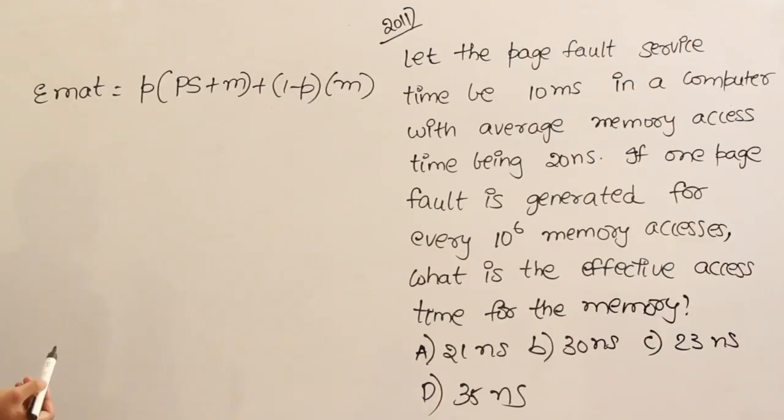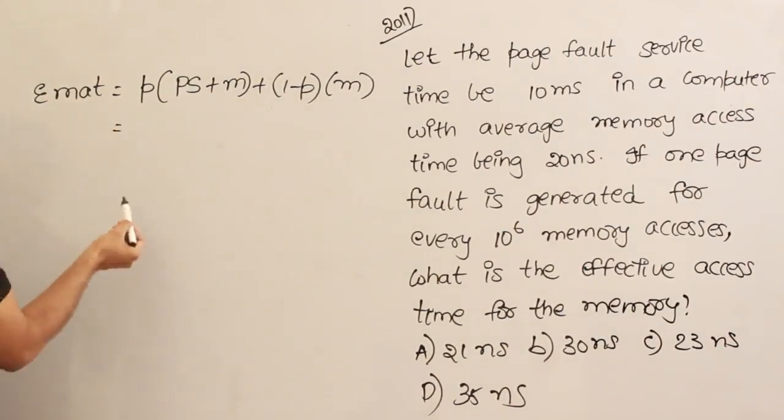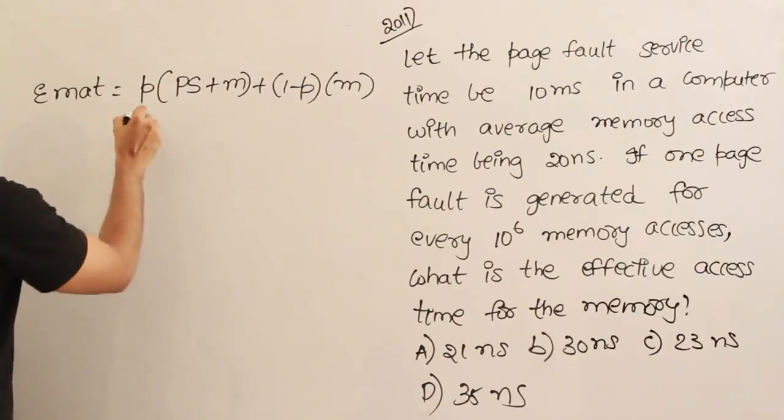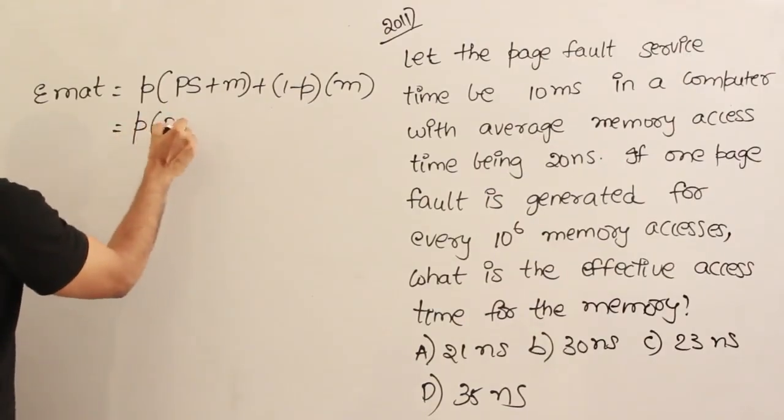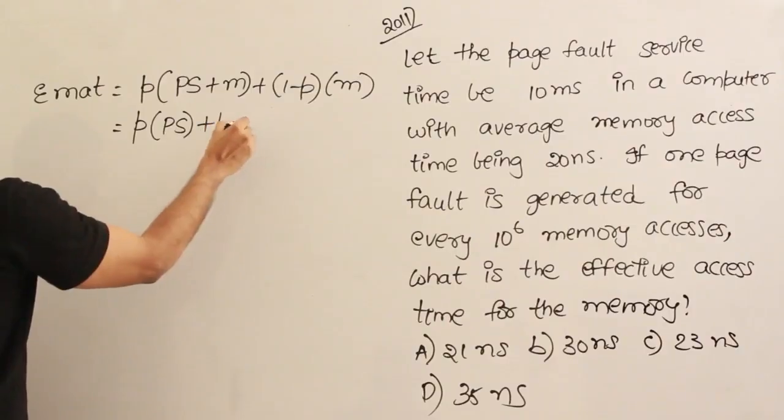So before solving this question, let's see the relationship between page fault rate and effective memory access time. Let me expand this: P into page service time plus PM.